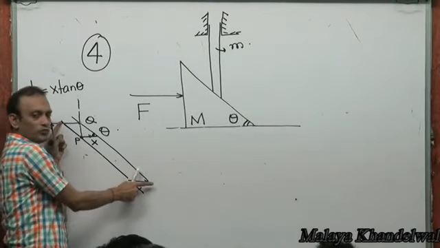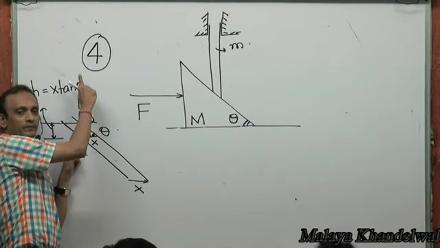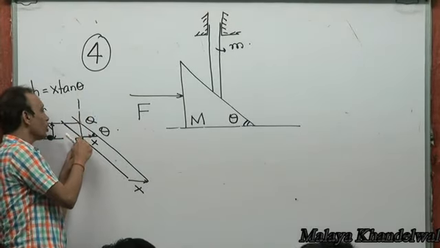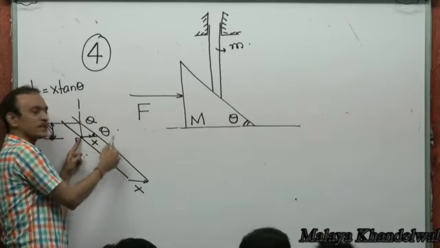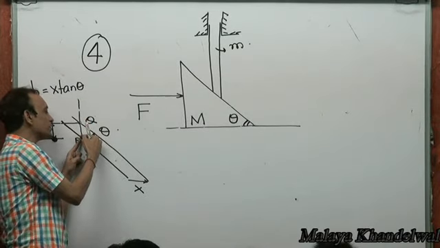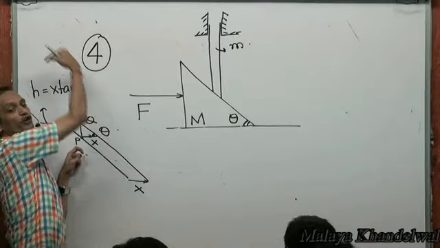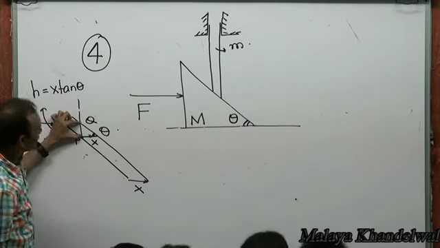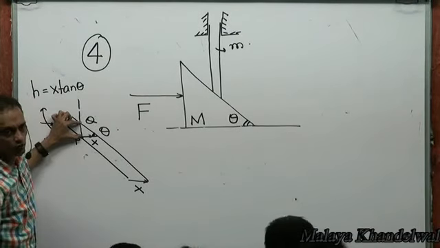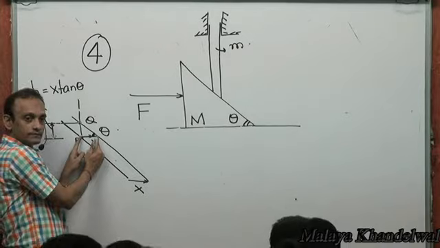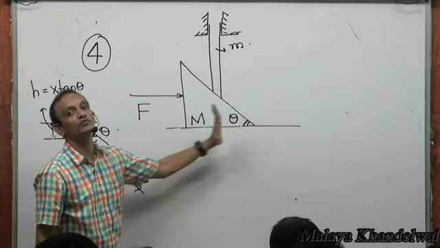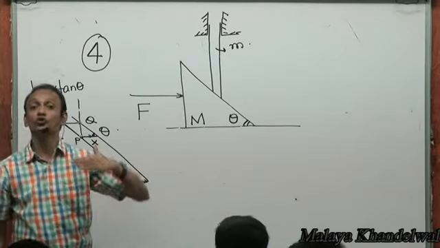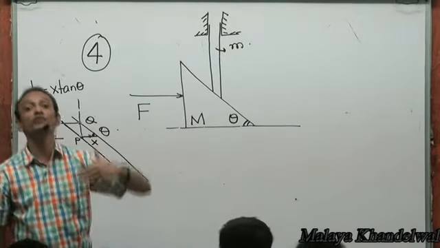This is the new state of the inclined plane. The rod, however, is constrained to move only vertically, right? So while the inclined plane goes from this state to this state, the point of contact of the rod goes from P to Q vertically. So the rod moves up by an amount PQ, and PQ is x tan theta. Do you realize that? If the inclined plane moves to the right by an amount x, the rod moves up by an amount x tan theta.